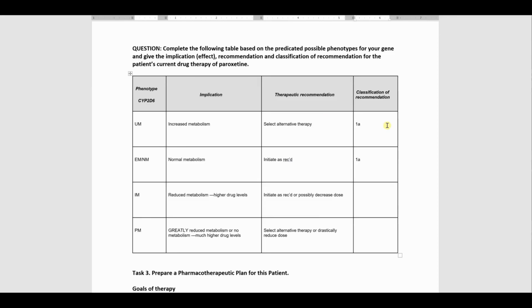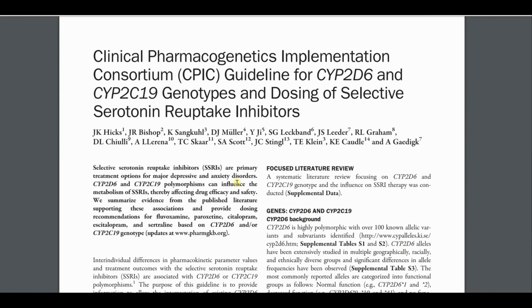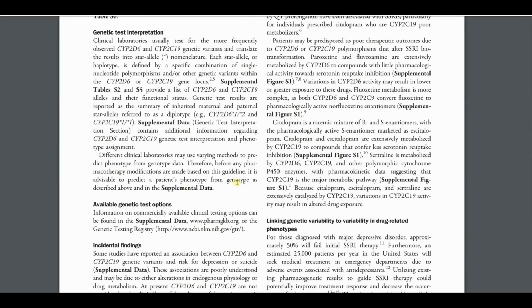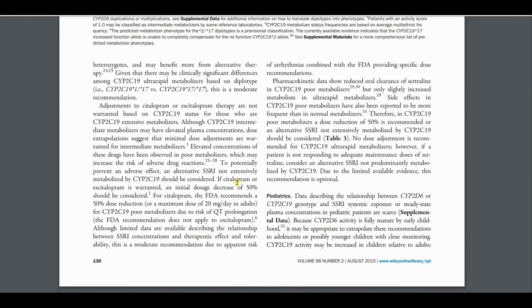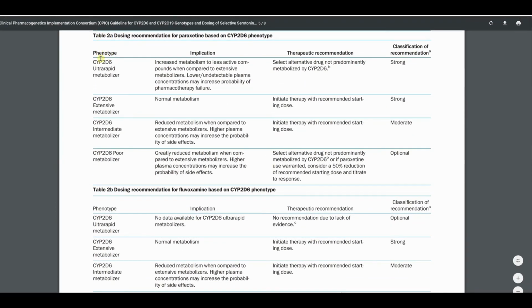So I know what you're thinking so far. Dr. B, how would you expect us to fill all these out just by kind of looking at it like you did? The answer is I wouldn't. So let's go to the guideline and actually see what it says. So if we go back to our trusty CPIC guideline for SSRIs, CYP2D6 and 2C19, let's get to the meat and bones here, which is the actual recommendations, which is always table 2 in the guideline.